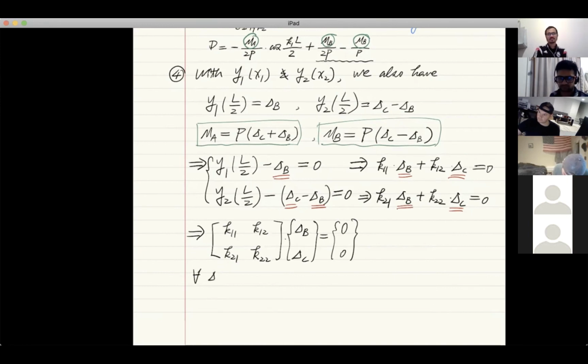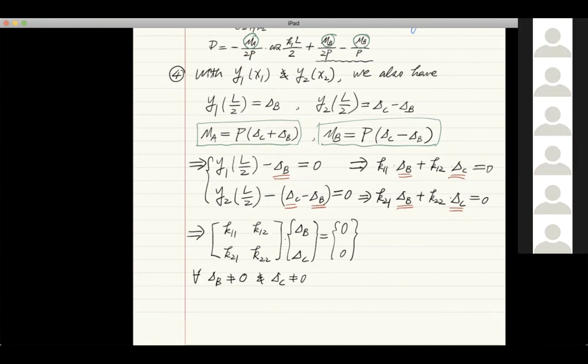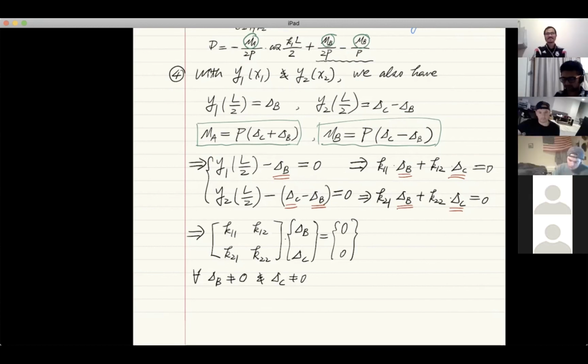Why can't they be 0? Can anyone tell me why they cannot be 0? Anyone?